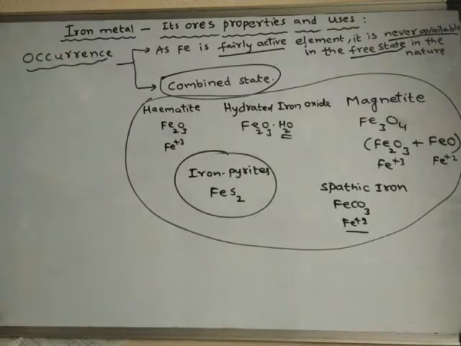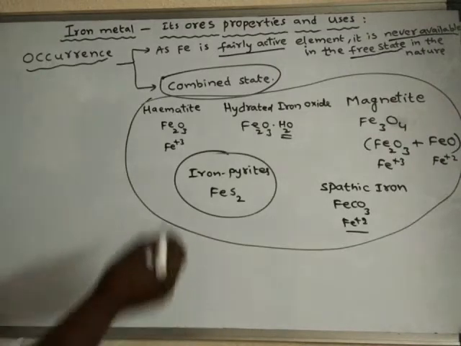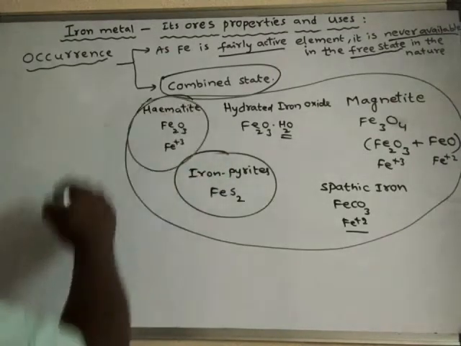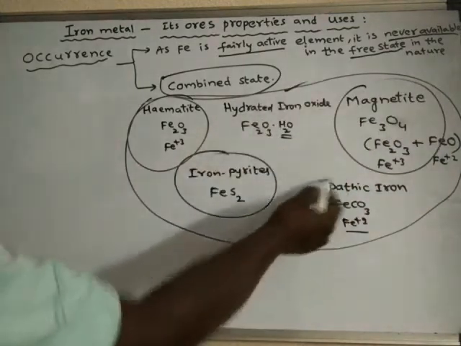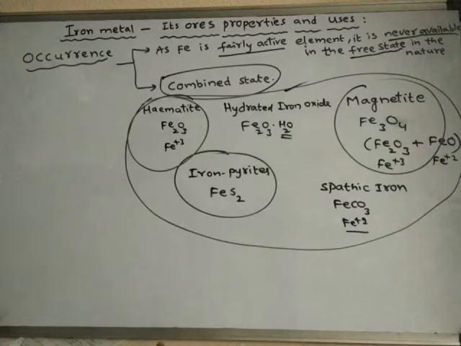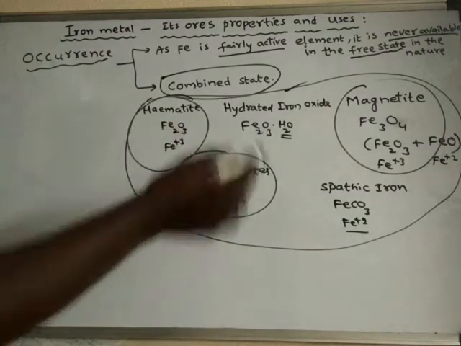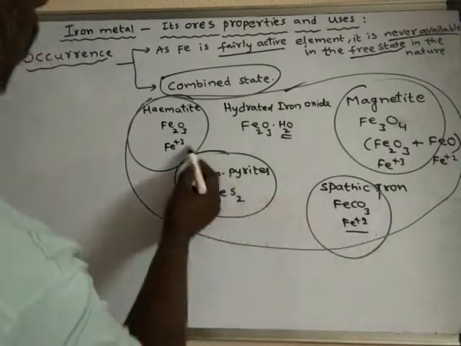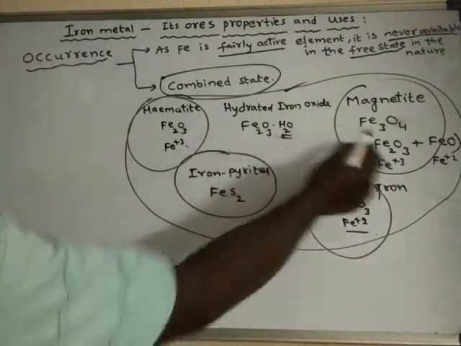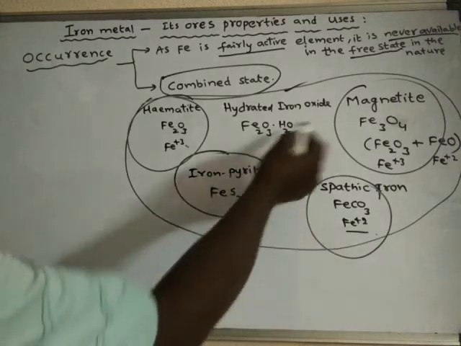Now, generally, if you speak about the metallurgy of iron, first of all we will concentrate the iron oxide ore. Mainly we use hematite or magnetite, or sometimes even spathic iron. If you use spathic iron, it should be converted into oxide.